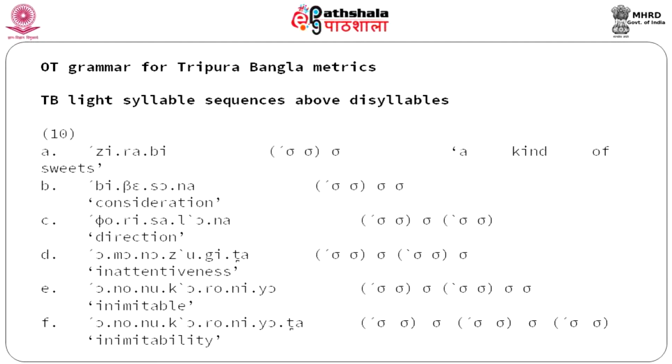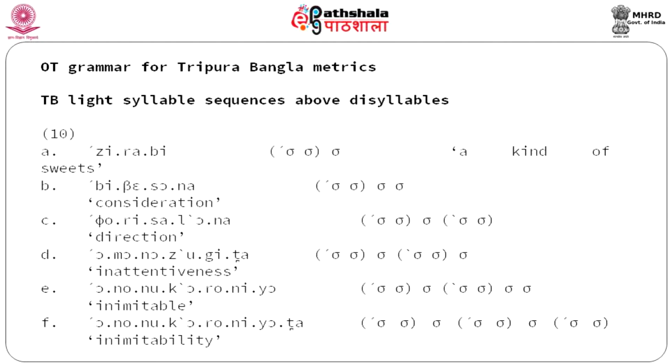The first word is of 3 syllables with the stress on the first syllable, the primary stress. The next word has 4 syllables and primary stress is on the first syllable. Words starting from 5 syllables going up to 8 syllables given here have a regular pattern.